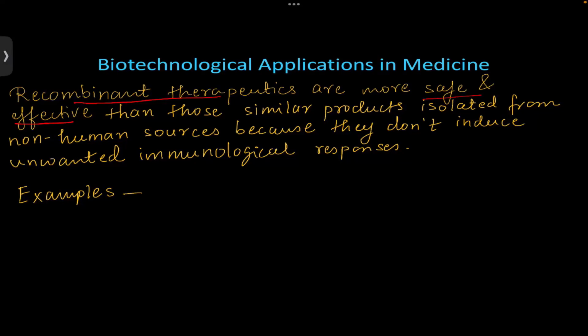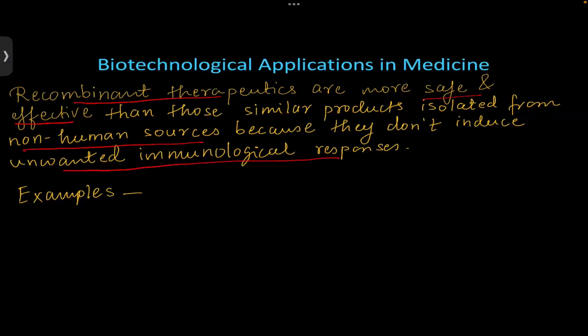Okay, but the traditional proteins that were used before the arrival of recombinant technology were all taken from non-human sources like animal sources. So when those proteins were injected into the bloodstream of humans, they induced unwanted immunological responses.